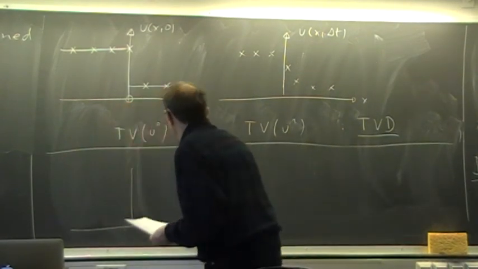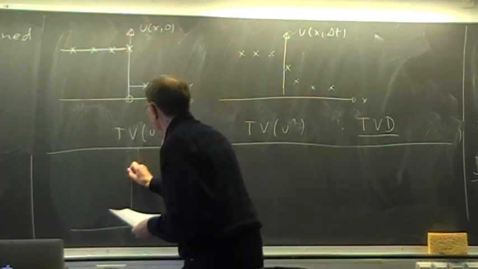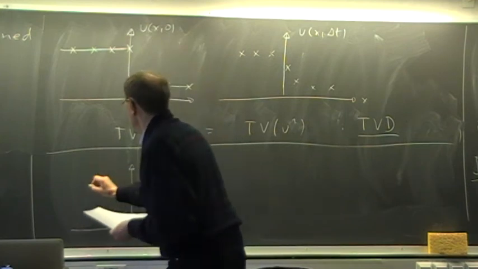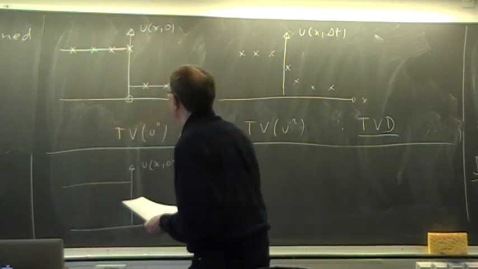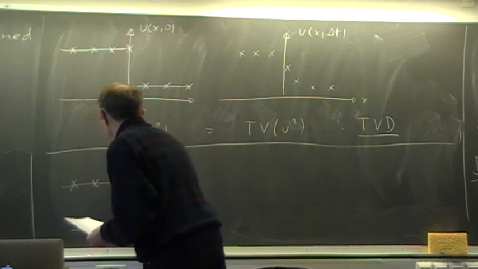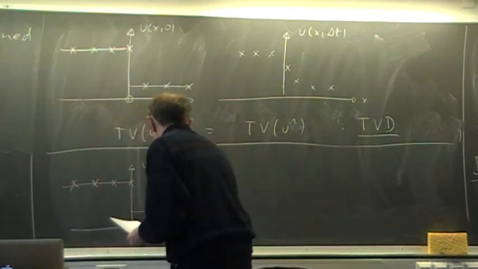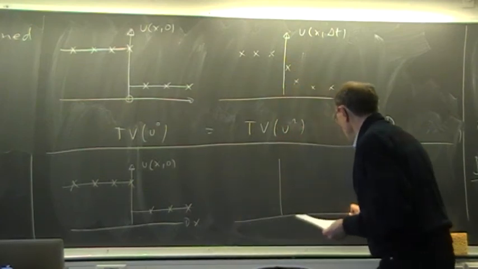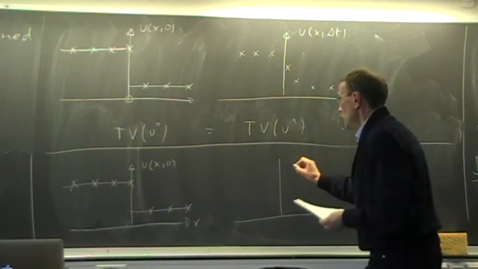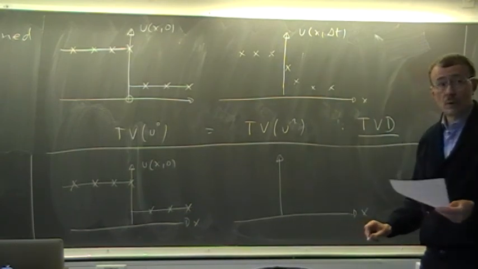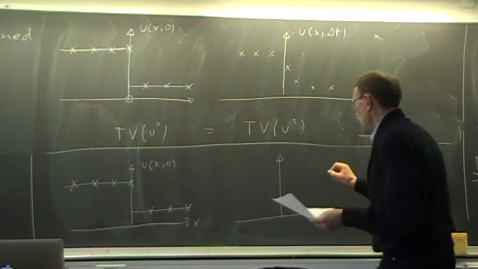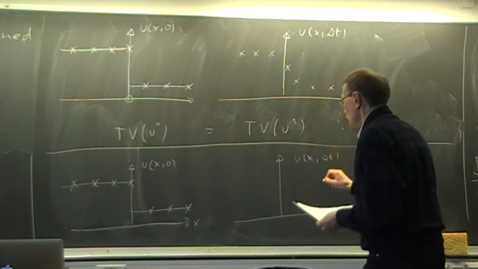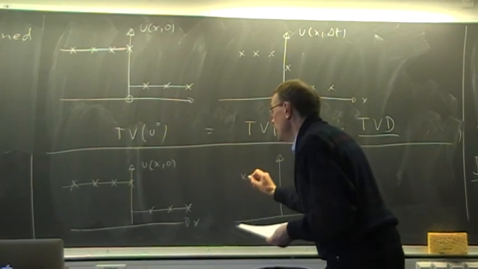But if we have the following situation, we have again the same initial condition, u of x, 0. So again we have the same case. And then we would not apply the explicit upwind method, but we would apply, for example, the Lax-Wendroff method, or any other method that is not total variation diminishing. So then we might get the following.